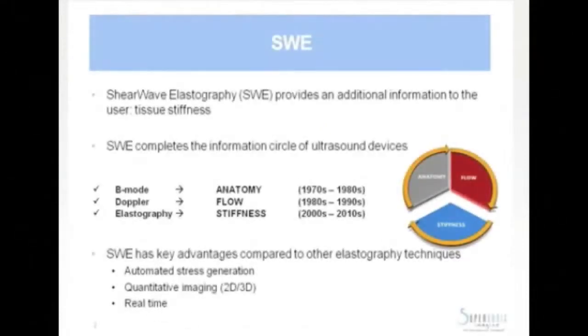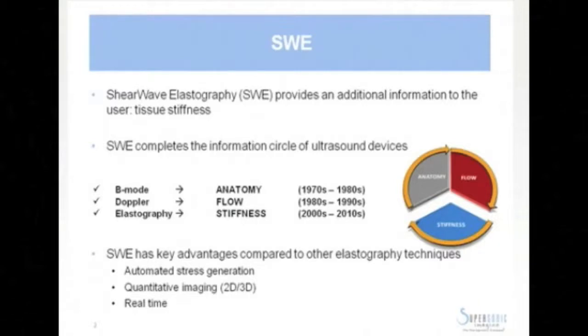So you've seen in the three previous talks that shear wave elastography is providing additional information today to the physician, which is tissue stiffness. This information nicely completes the information circle that is provided by the ultrasound device.